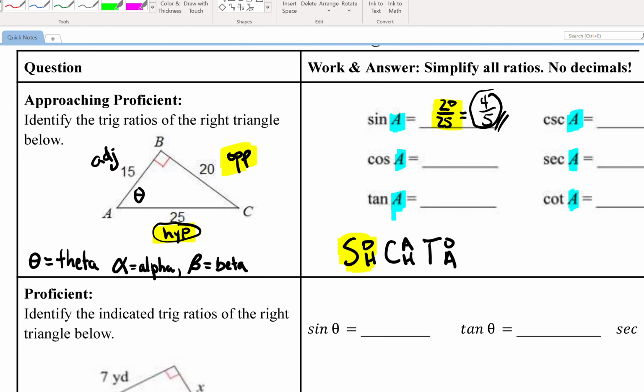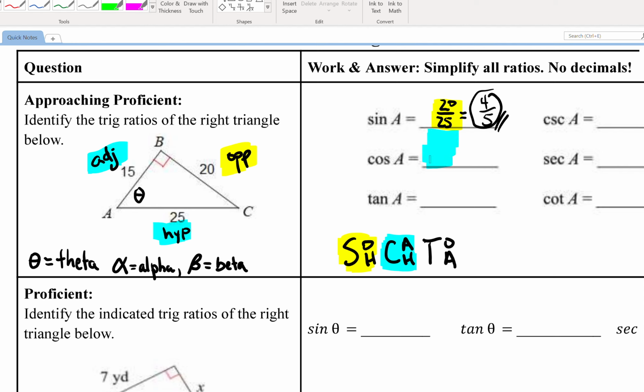The cosine of A then is, let's say blue here. I've already used blue for the A. Let's cancel that out. That's the cosine of A is CAH. You got to put the H on the end. CAH. And so that's the adjacent over the hypotenuse.